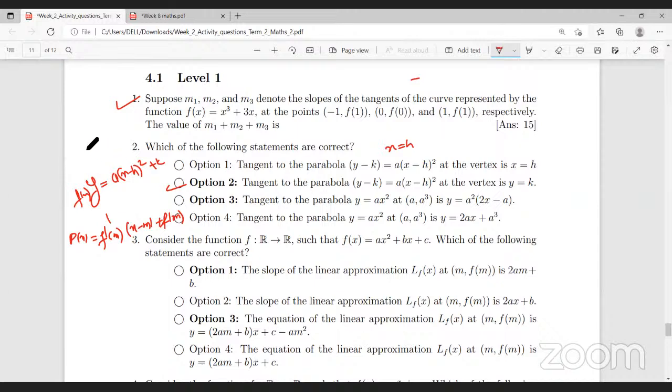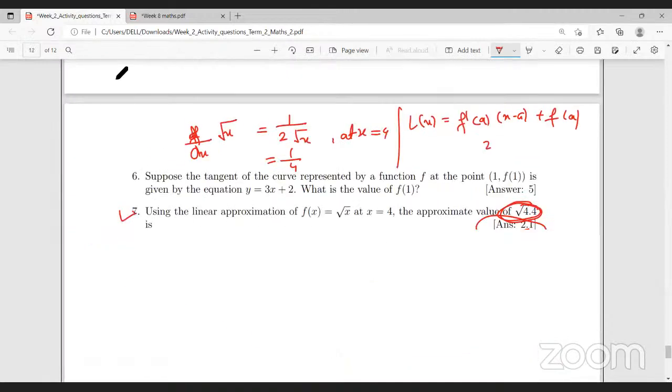The differentiation is 2a times (x minus h). At x equal to h it becomes 0. So f dash of m will be 0, so 0 into (x minus m) plus f of m. My f of m will be k only, if I put h it will be 0, k only. So y equals k.